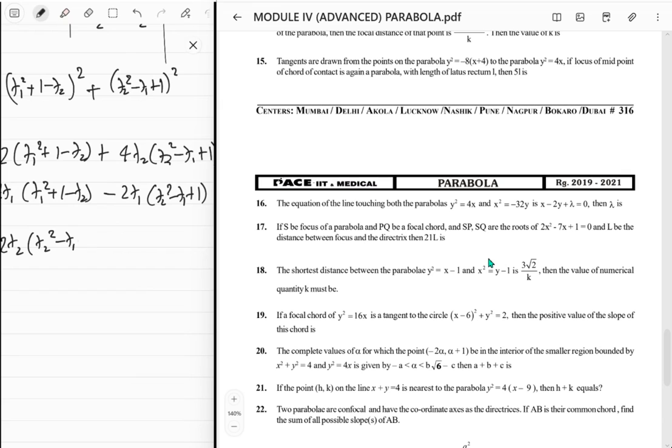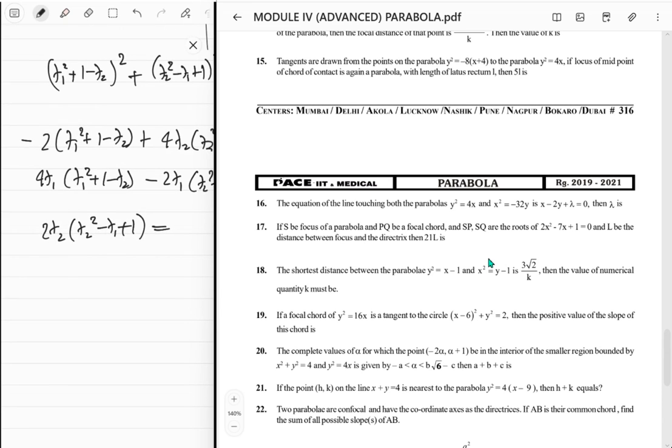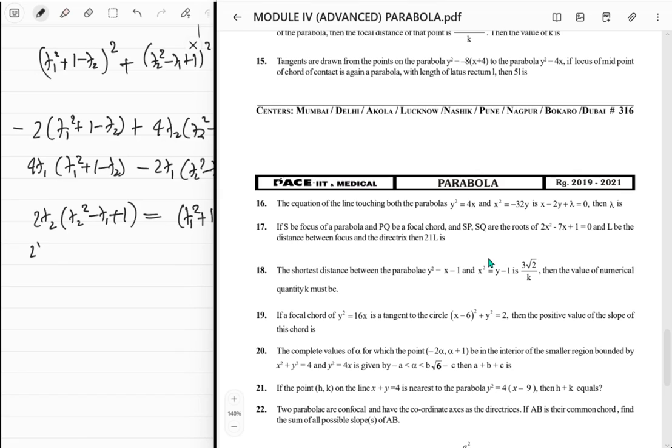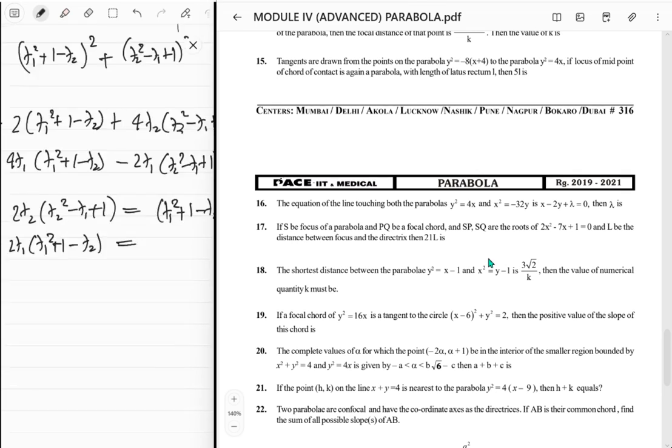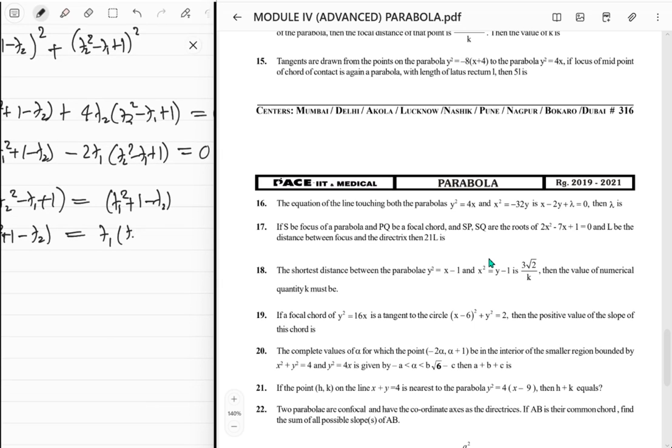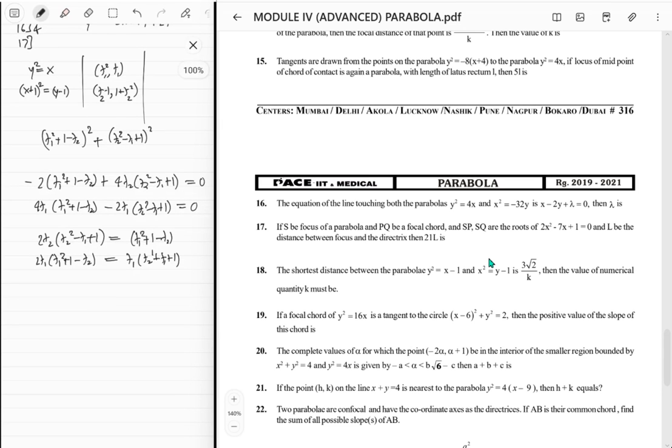Doesn't this look much simpler than the last thing we did? And then this is also just 2t1 times t1 squared plus 1 minus t2 is equal to t1 times t2 squared minus t1 plus 1. Still, it's kind of complicated because we don't exactly know what's going on.